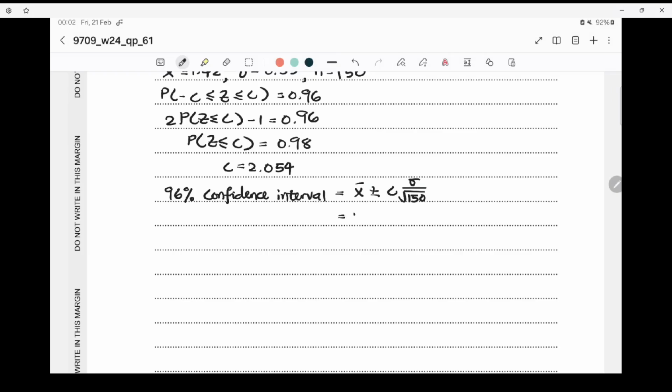So this is 1.42 plus or minus 2.054 times 0.35 divided by the square root of 150. So this will be (1.36, 1.48).